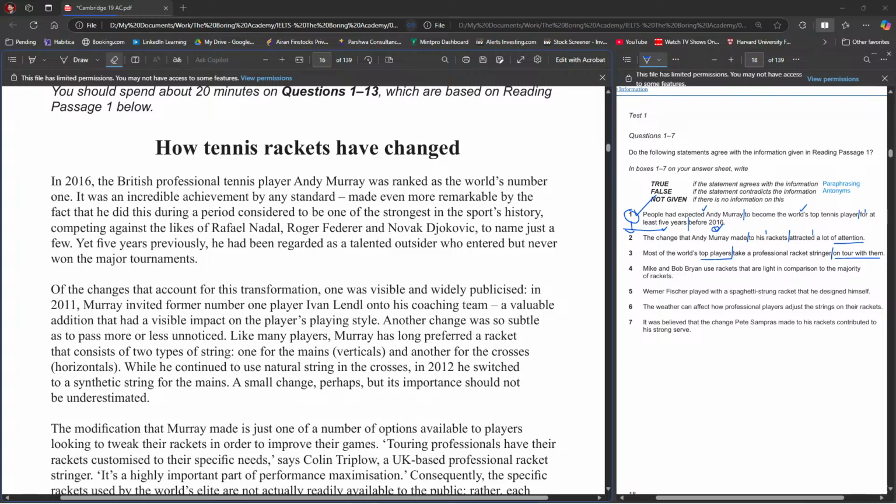Yet 5 years previously, he had been regarded as a talented outsider who entered but never won a major tournament.